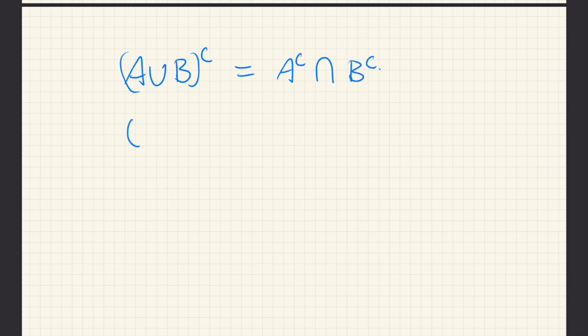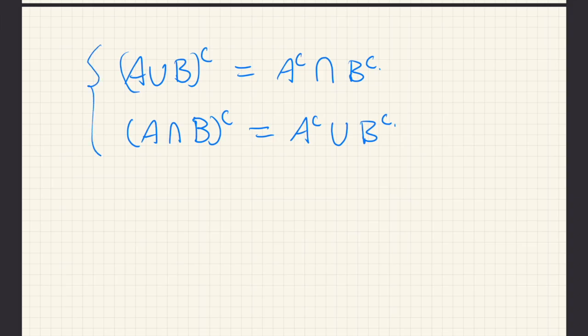And similarly, A cap B complement is equal to A complement cup B complement. And you should try to prove that. These are the set theoretical version of De Morgan's laws.